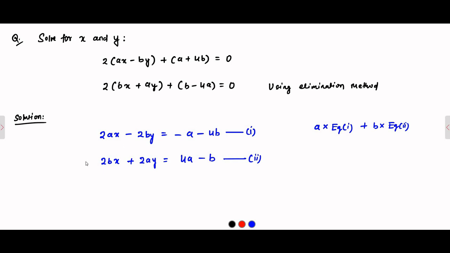Okay, so multiplying a on both sides and here multiplying b on both sides. Okay, so we will have the two equations.